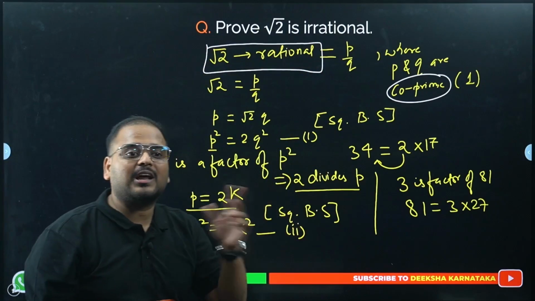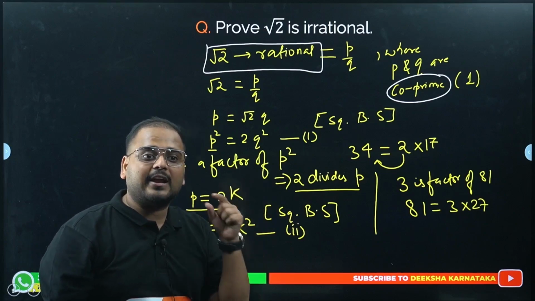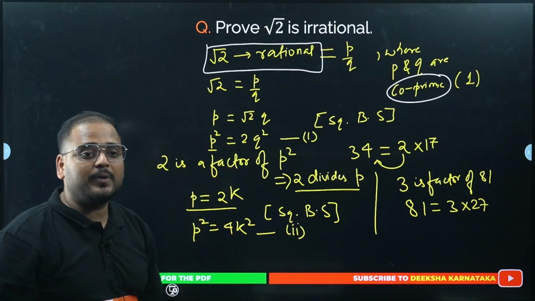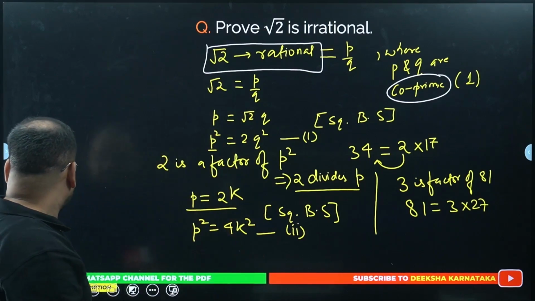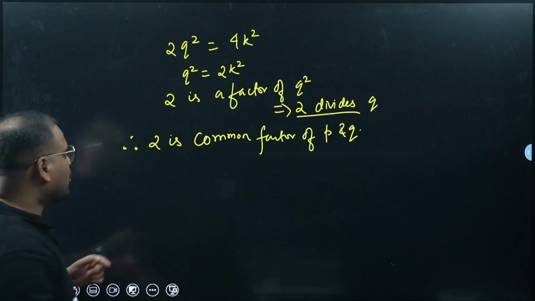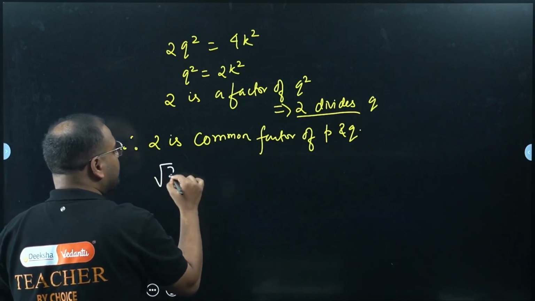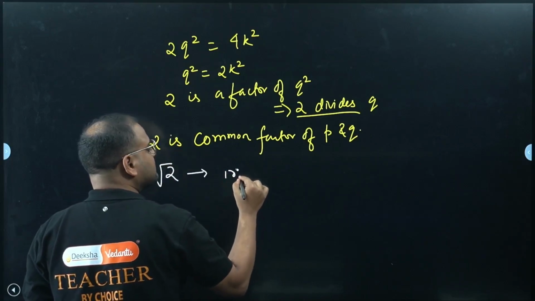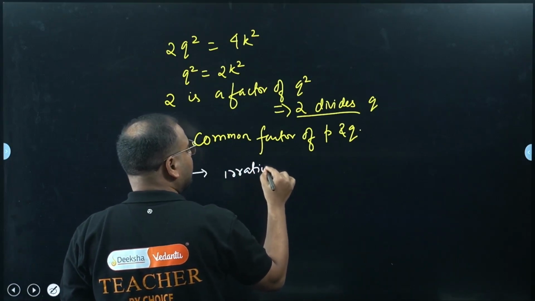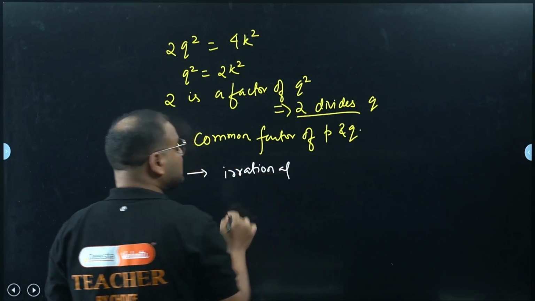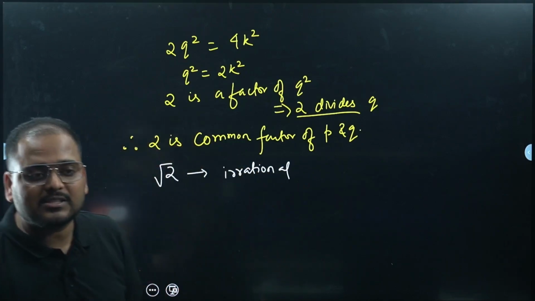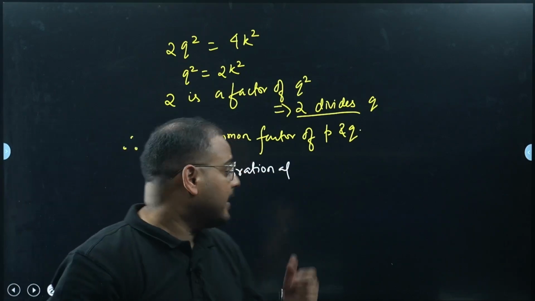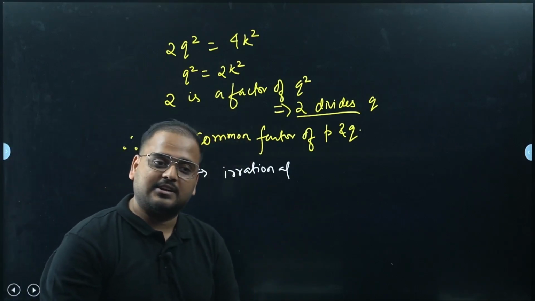P and Q cannot have any other factor, and we are getting a factor because we have taken it to be rational. It means there is a contradiction. So instead of root 2 being rational, it becomes irrational. So our assumption of root 2 to be rational was actually incorrect, and it is irrational.